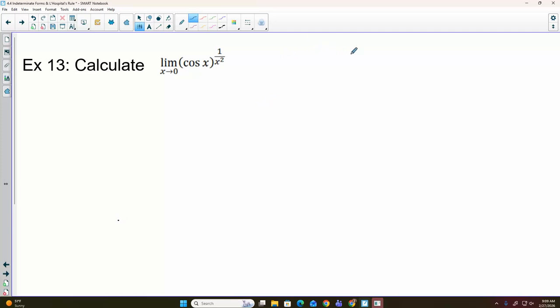So if I plug this in, cosine of 0 is 1. 1 over 0, that's approaching a vertical asymptote. So it's 1 to the infinity power. So what do we do? Add our natural log.